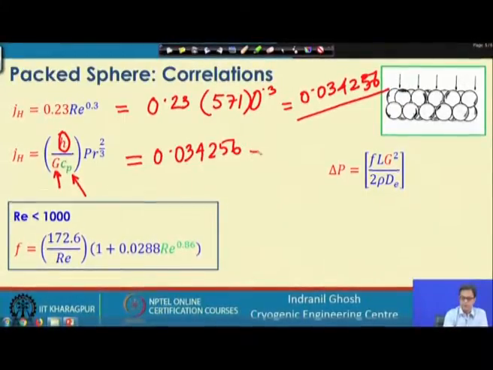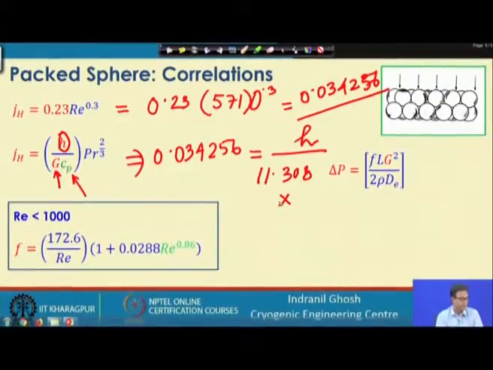0.034256, and then that is equal to h by G, which is 11.308, and then you have the Cp value. Cp is already known because we know the temperature and pressure of the fluid. Cp value is 1.0447 into 10 to the power 3 joule per kg Kelvin.